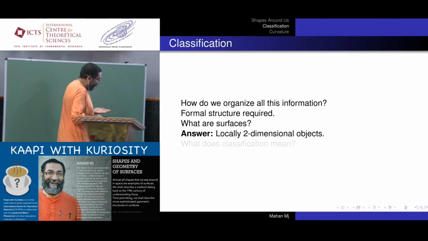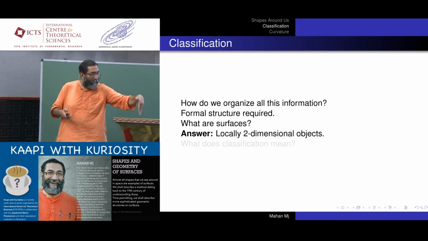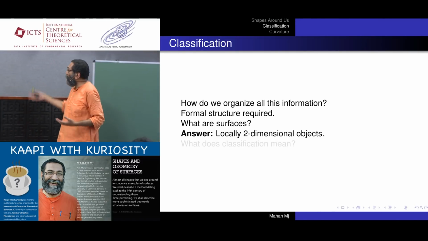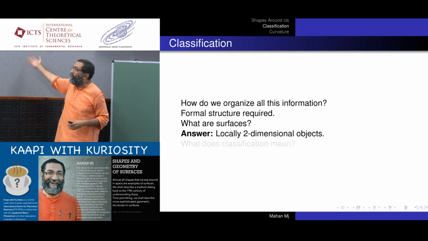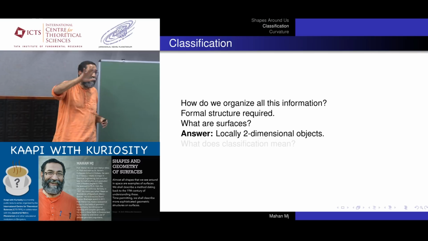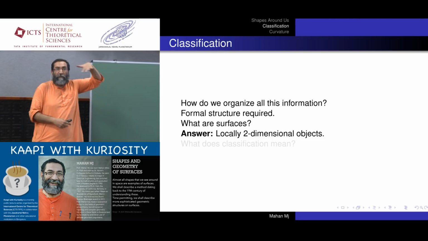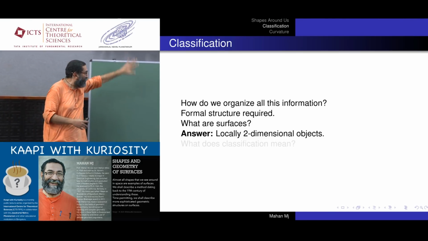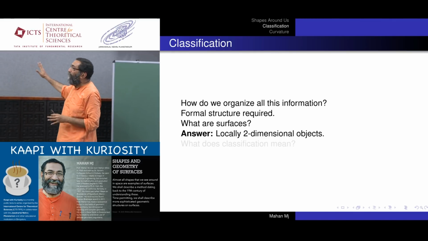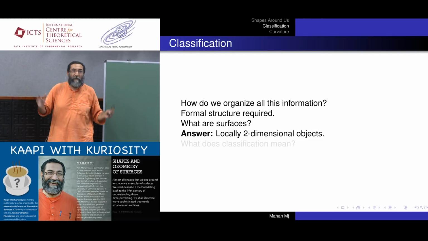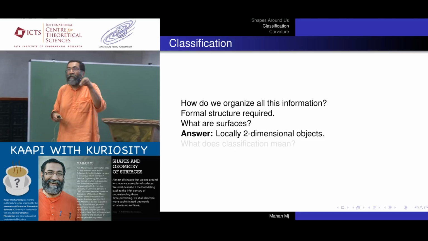So if you are looking at, say, this podium or a chair or the wall, we disregard the fact that this is actually the surface of a three-dimensional object. By this mental process of abstraction, we take out just the top surface, which is locally two-dimensional, which means that we are no longer looking at it as three-dimensional human beings, but as a creature living on that surface would treat it.